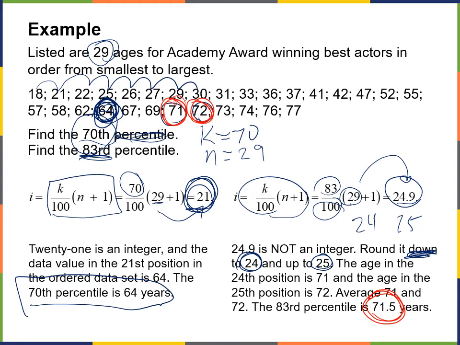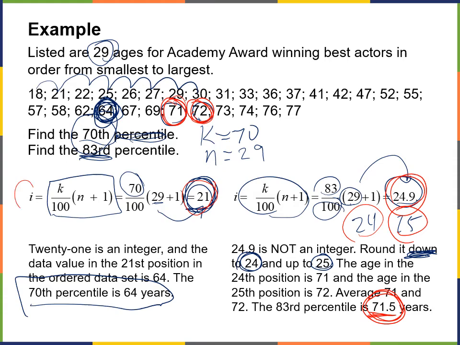So there's going to be some pieces that fall in between data values, and that's exactly what happened here. And so that's why you have to do this whole song and dance about whether or not the I is an integer or not. If it's an integer, just count that many over, that's your answer. If it's not an integer, round down, round up, take the values in the 24th and 25th positions, average them together, and that'll give you your percentile.